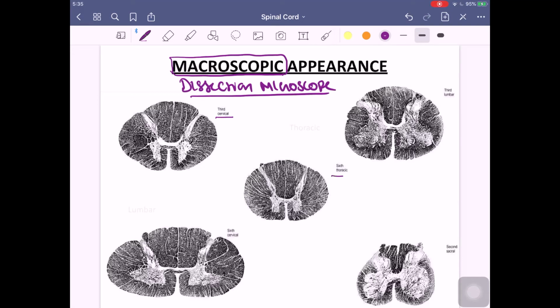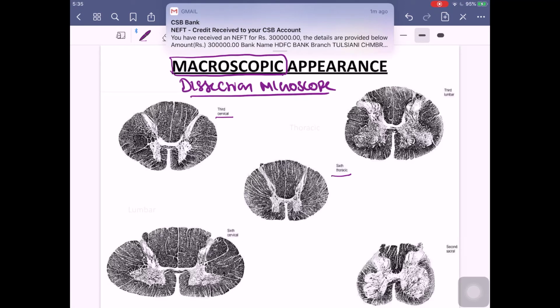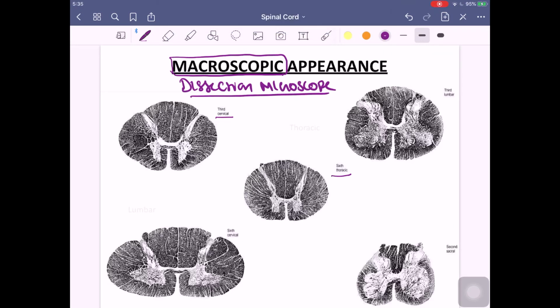Here, this is a section at cervical, this is a section at thoracic, and the number is also mentioned. This is a section at lumbar, this also is cervical. So this is C3, this is C6, this one is T6, this is L3, and this is your S2 level.